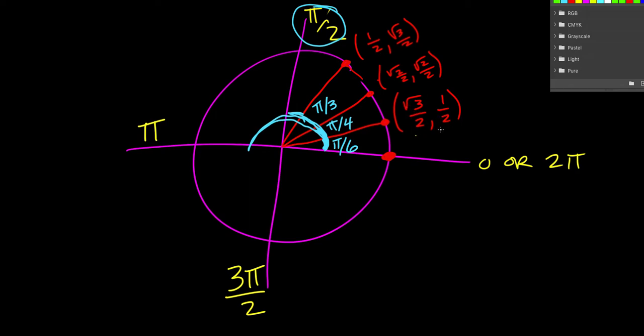Now, how do I remember that this one goes here and this one goes here? Because it's easy to get those confused. Now, I just kind of go off the visuals. If I was to drop this down here, and if I was to drop this over here, sorry, I'm having a tech issue with my drawing pad.